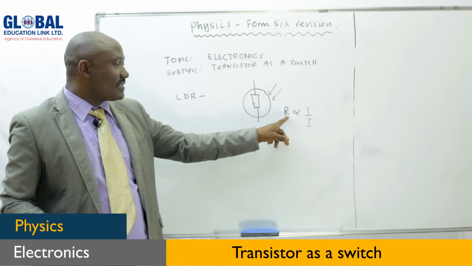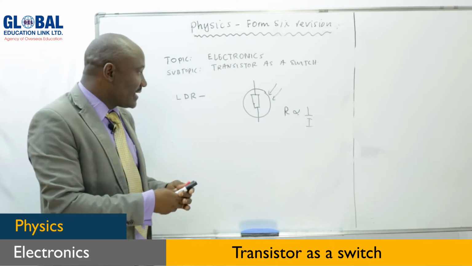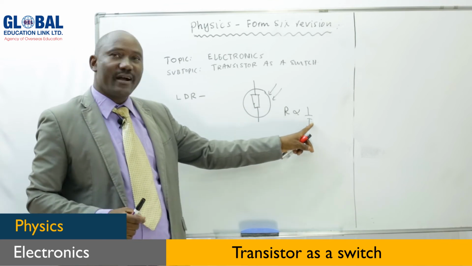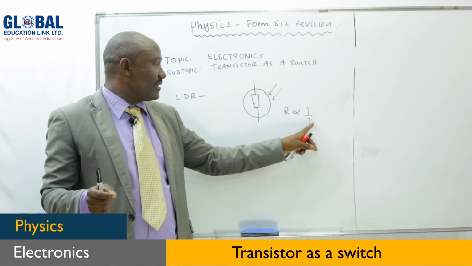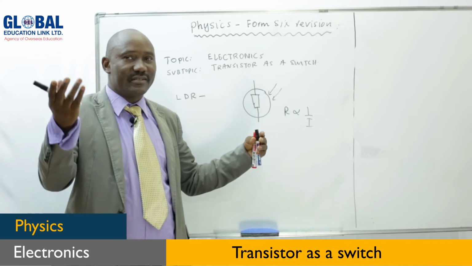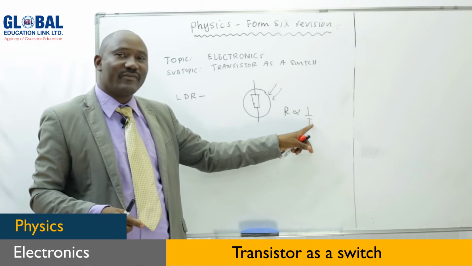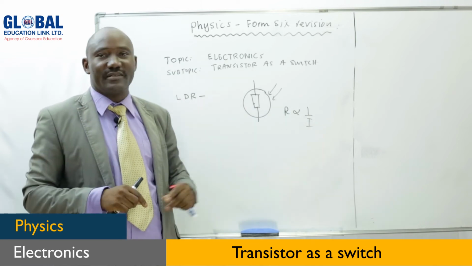Here, in the dark, when you have low intensity, resistance is very high, in terms of mega-ohms, 10 power 6, and so on. In daylight, the intensity of light is very high, so it has very low resistance.